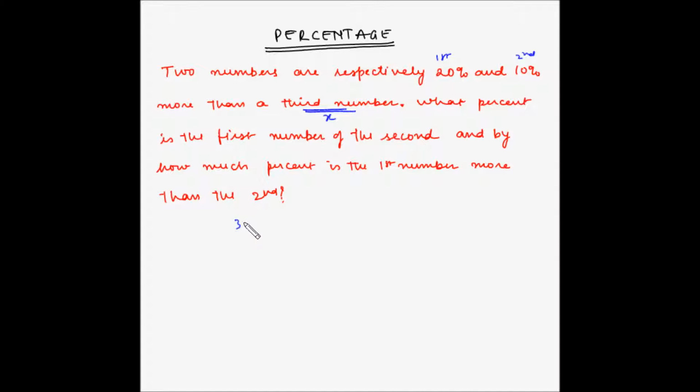So the third number is equal to x. Now the first number is 20% more than the third number. So it is x plus 20% of x, because it is 20% more than the third number.